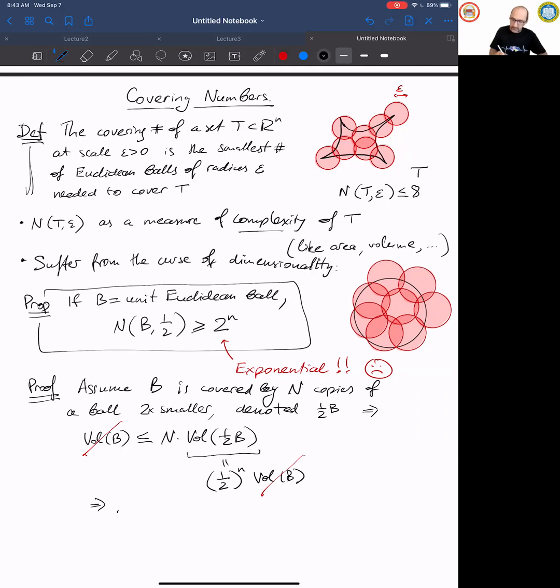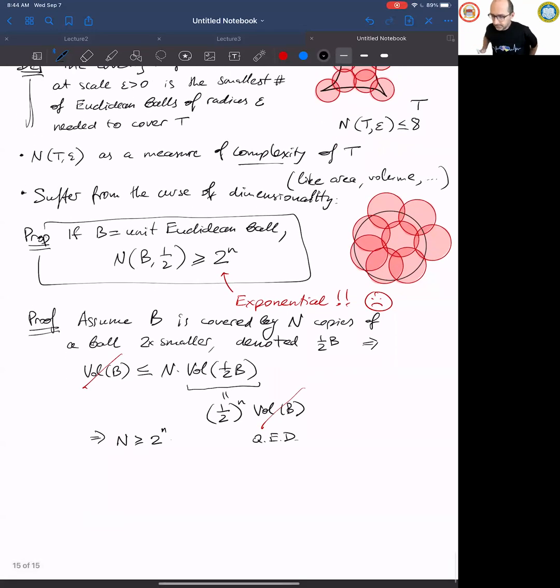From this, you get that N, capital N, is greater than 2 to the n. So no matter how you cover, you must always have at least 2 to the n. Good. Any questions? Good.